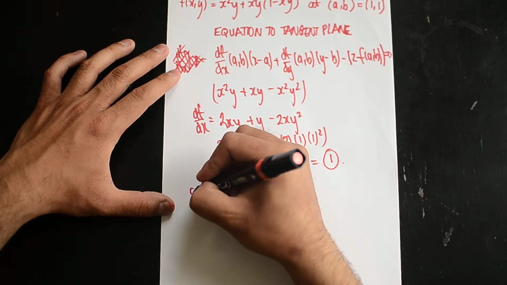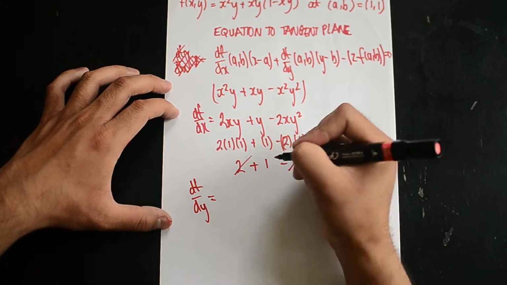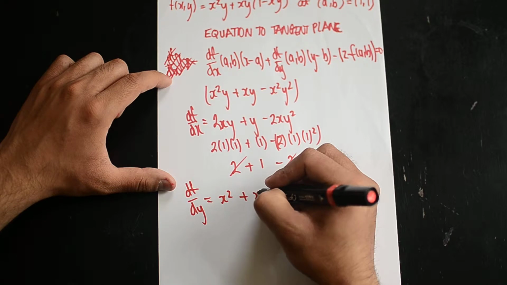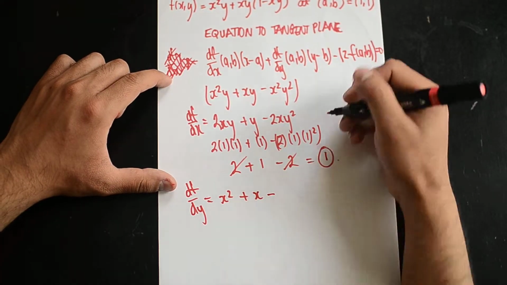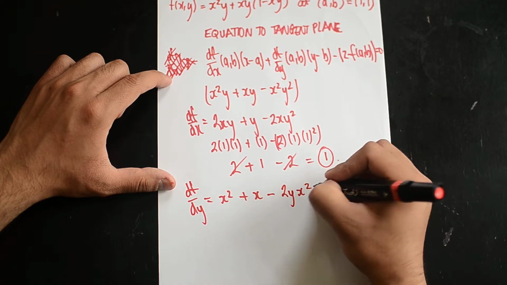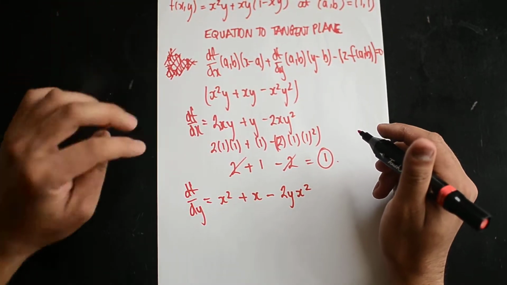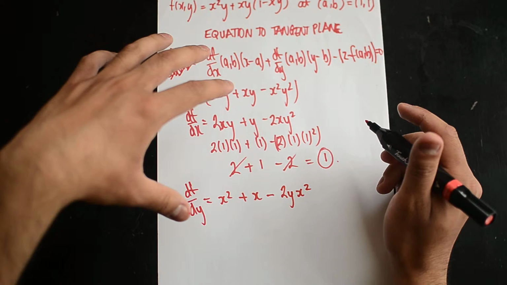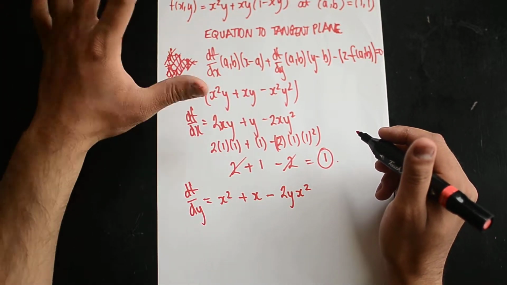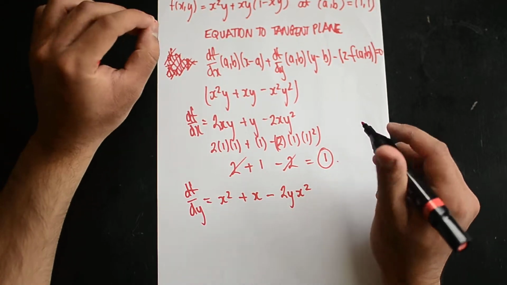Now let's do df/dy. My df/dy of this is x squared plus x minus, differentiating this would be 2y x squared. Again, you are holding your x terms as constants, and you are only differentiating the y terms.